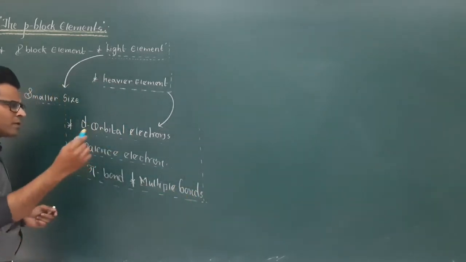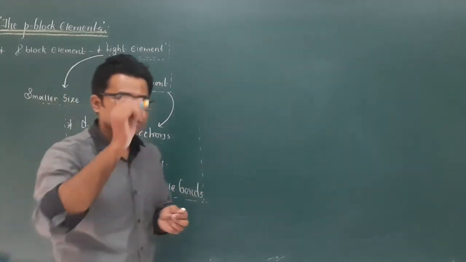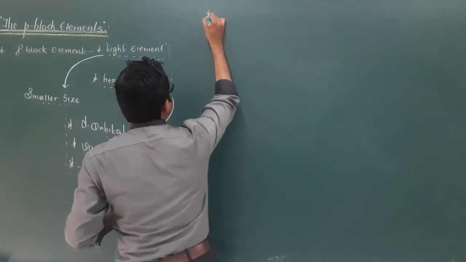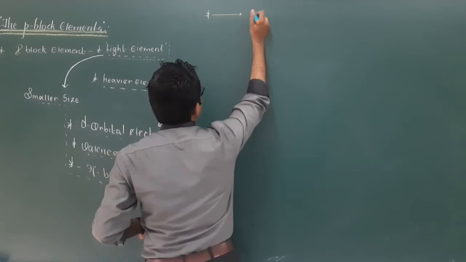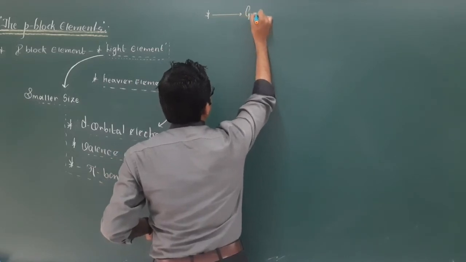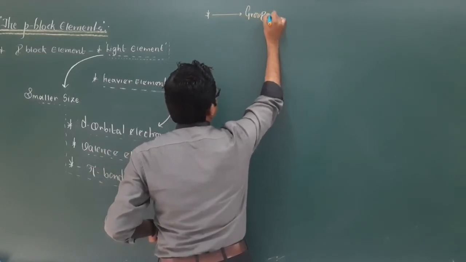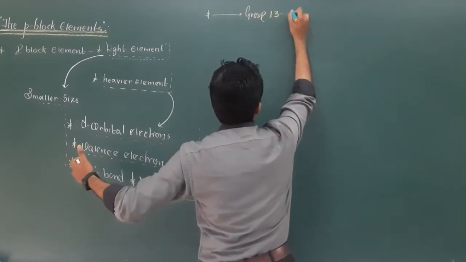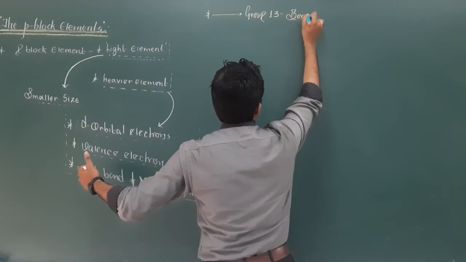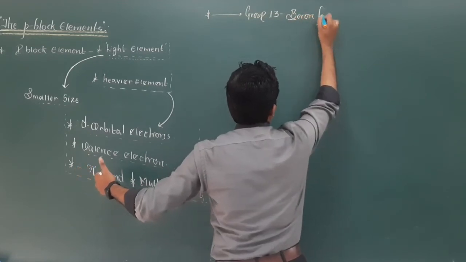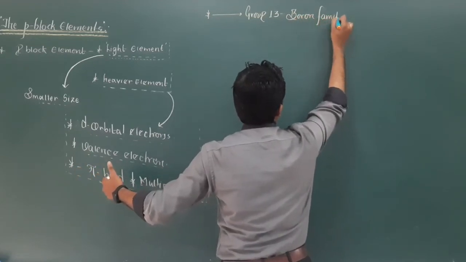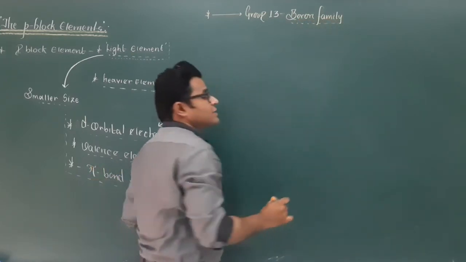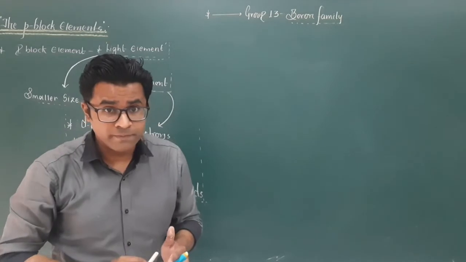Now we'll start our studies with the first one, that is group 13, what we call the boron family. We call it the boron family because the first element of this group is boron.